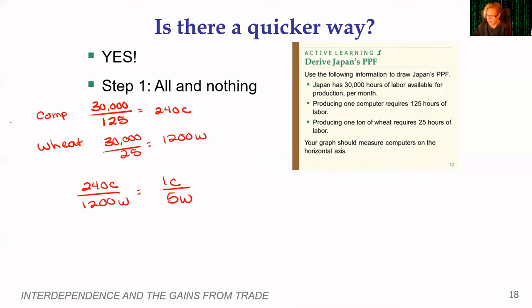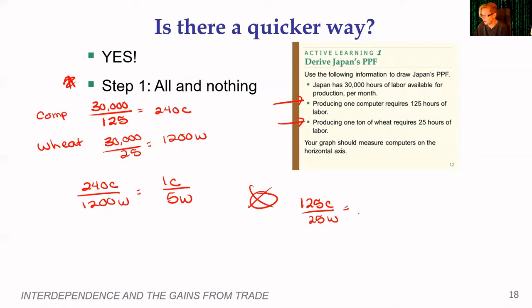Now, what you have to do always is that first step. You have to do the all and nothing, because if we wouldn't have done the all and nothing and we would have just gone with the information of labor hours, let me show you. So don't do this, it's bad. 125 computers to 25 wheat.